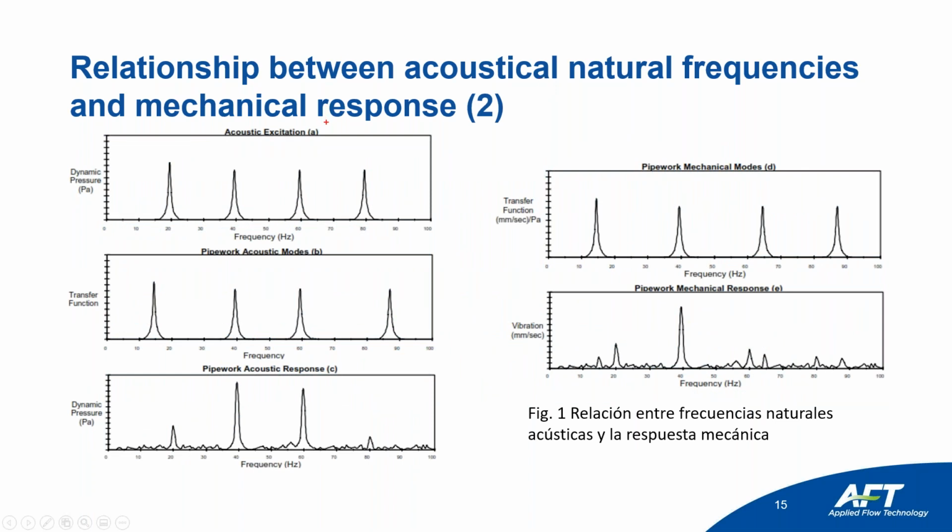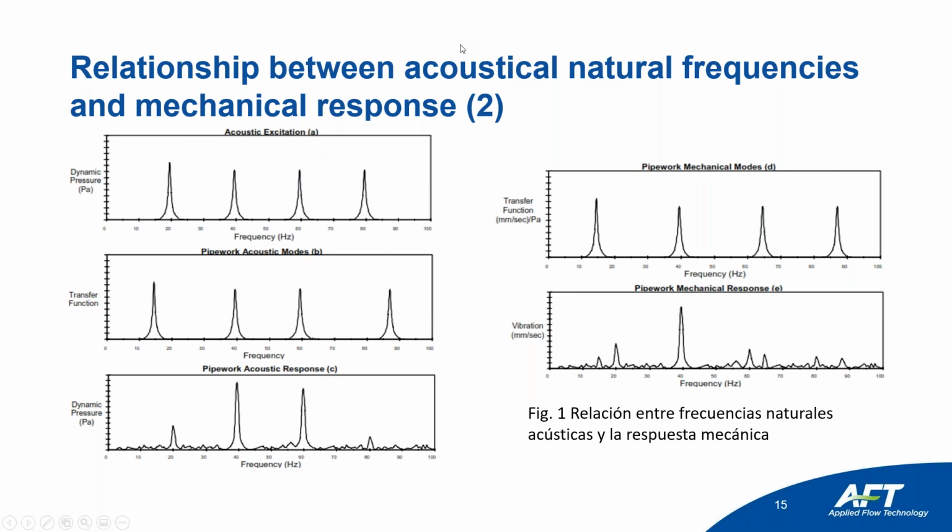We have the graphs. The acoustical natural frequency will be calculated in the acoustical simulation. The pulsation response results as the response of the system, the mechanical natural frequencies, and the resultant vibration observed in the field.